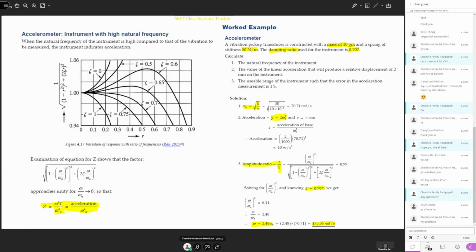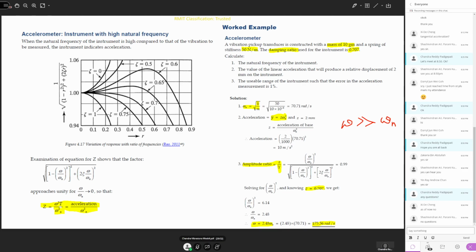And we know the relationship of omega and omega n to reduce the transmissibility. From a design consideration, we can say that omega should be much greater than omega n.